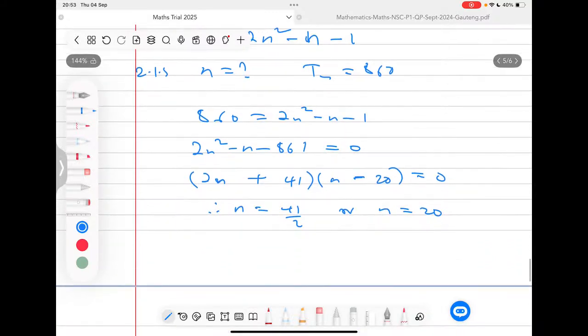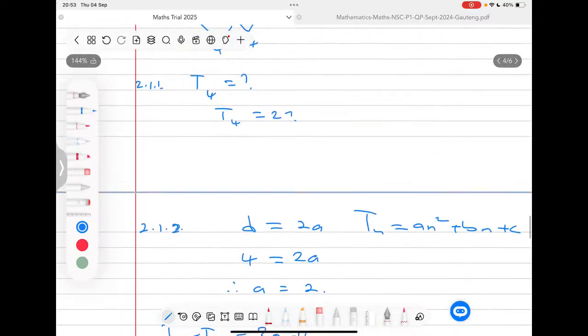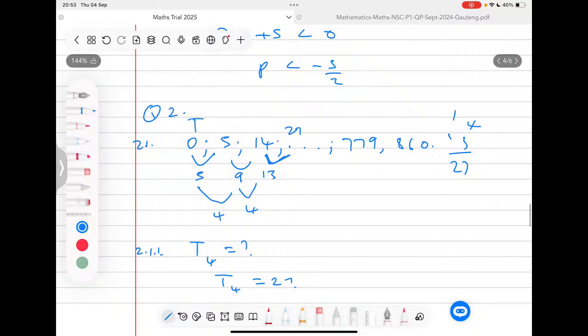Now remember that when we're dealing with sequences, n is an element of the natural numbers. In other words, it can only be the counting numbers 1, 2, 3, 4, 5, and so on. If you count terms, you count them using these numbers. You're going to have term 1, term 2, term 3, term 4, and so on.